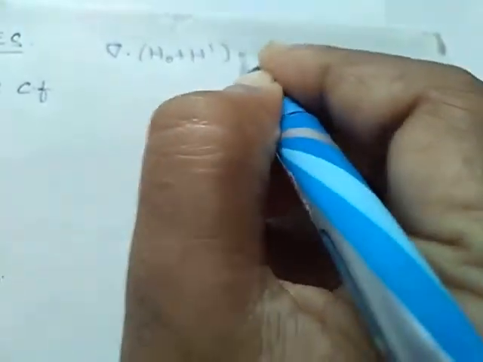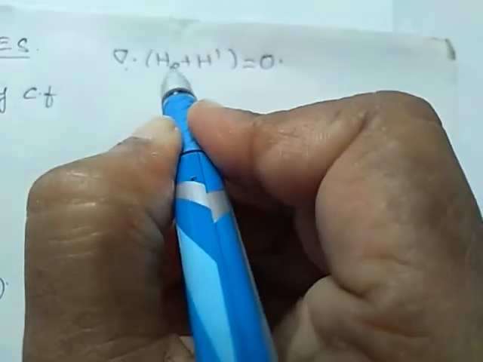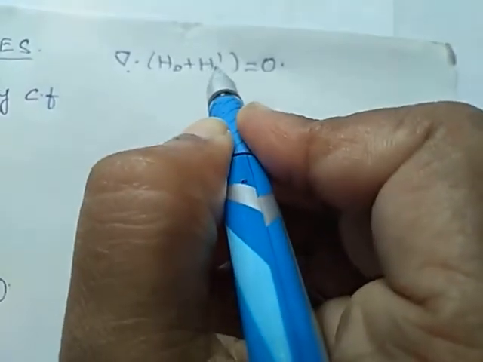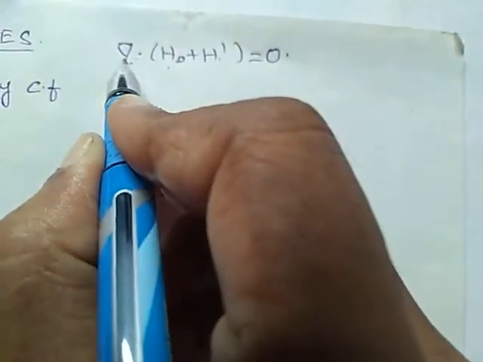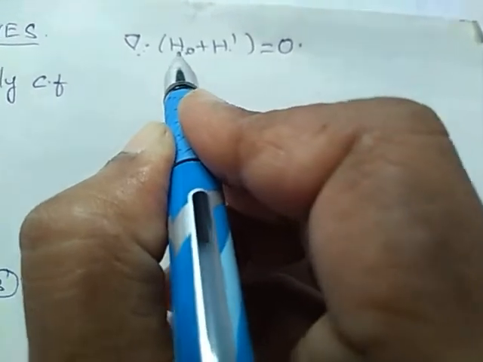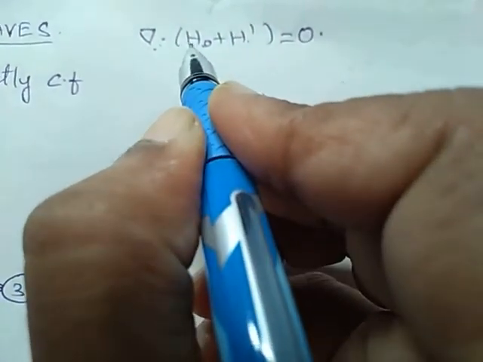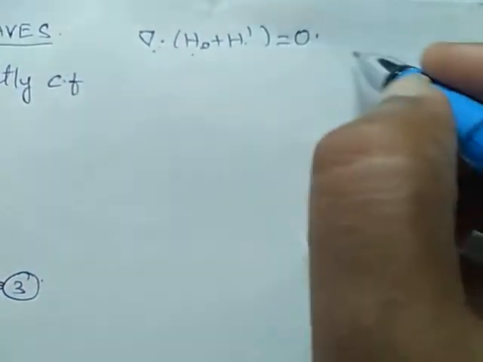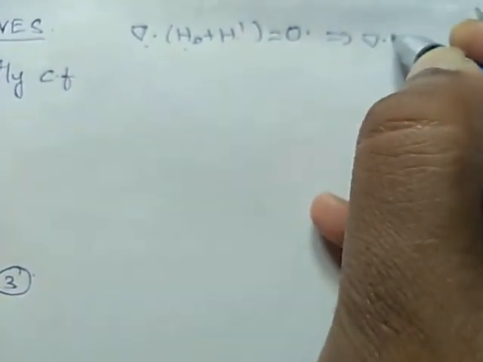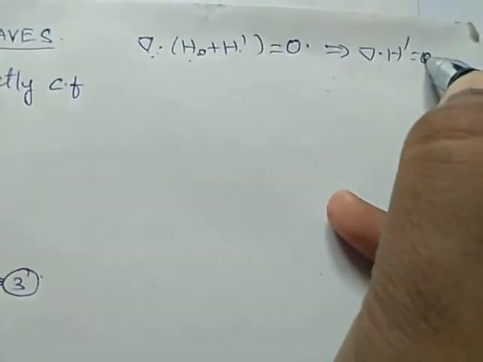So we have del dot h naught plus h dash is equal to 0. When we split it, del dot h naught plus del dot h dash. Already we have seen h naught is constant. Therefore differentiation of a constant with respect to x or y or z is 0. Therefore we will have del dot h dash is equal to 0.